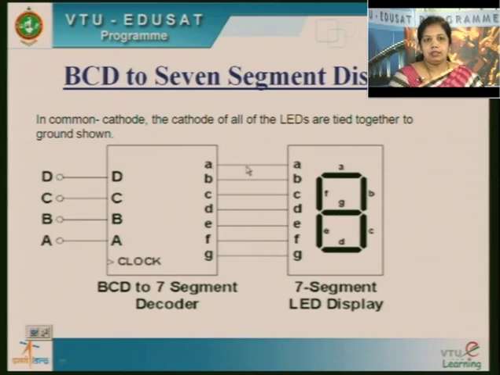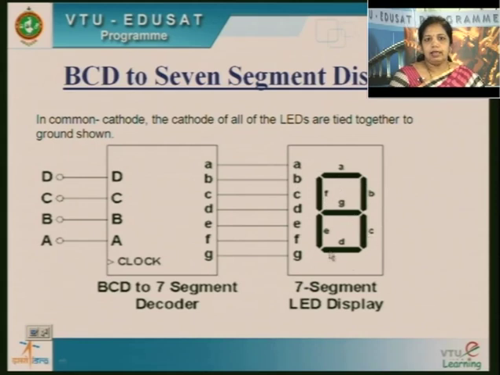The output of this decoder is connected to the input of this 7-segment display. All these segments A, B, C, D, E, F, G are internally connected to these pins.